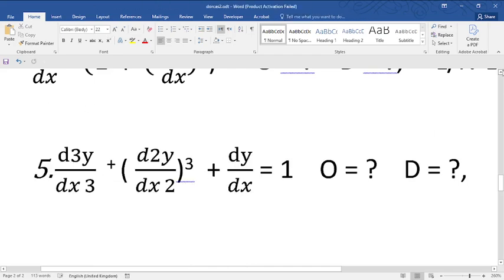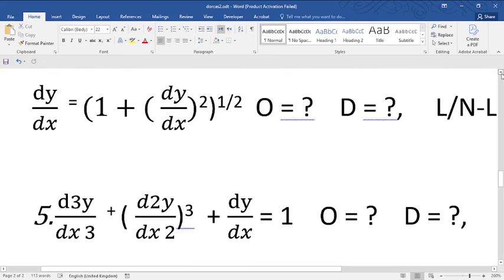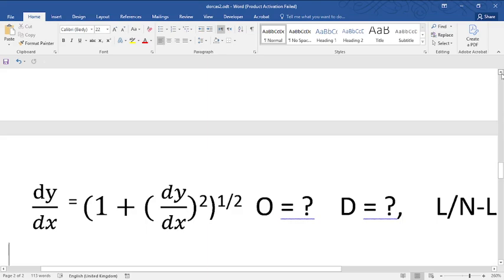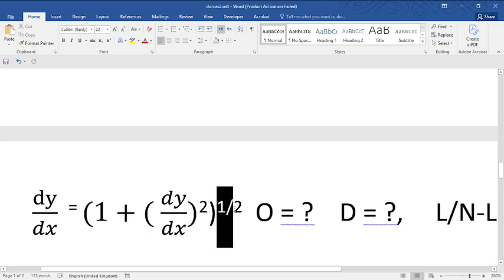Here that you are having this big square root, we now transform the big square root into this power 1 all over 2. If you now multiply this 2 by this 1 all over 2, this 2 is going to cancel out this 2, so you are going to be left with power of 1, and then your order is to check through all the derivatives, which one is the highest differential coefficient.